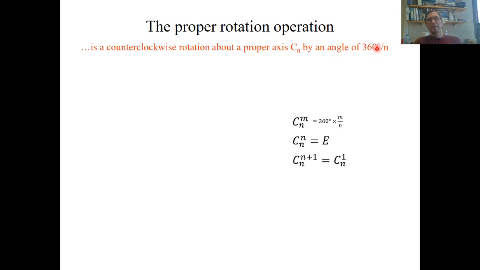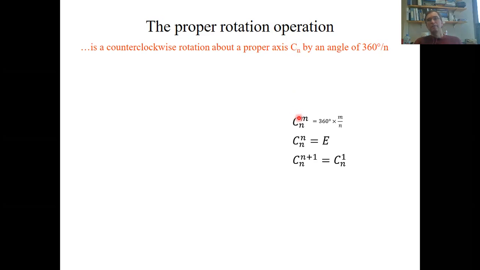Now the proper rotation operation has a number of properties that are worthwhile to consider. So the proper axis is indicated by the symbol C subscript n.